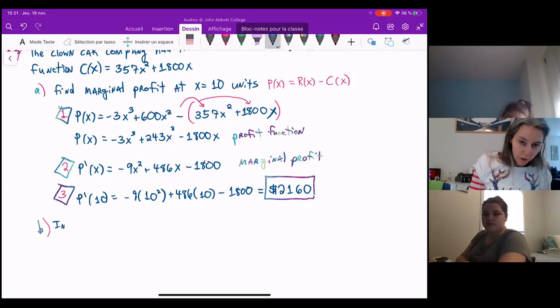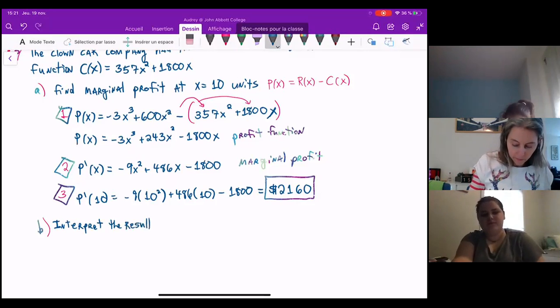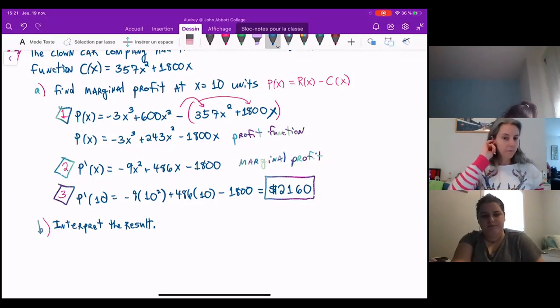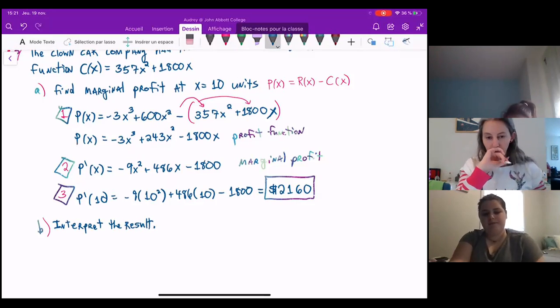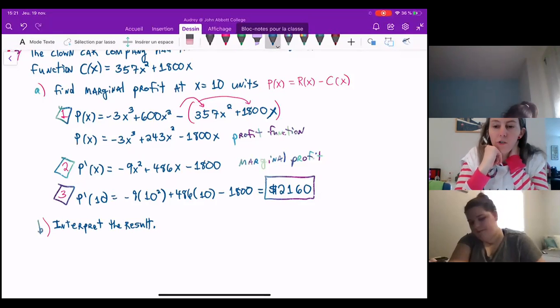And if not, you should be thinking about what this result means. Tell me in the chat. Let's interpret the result together. What does that 2,160 mean?